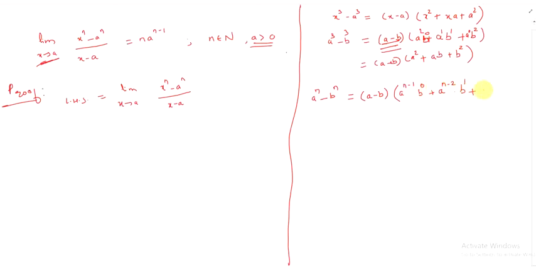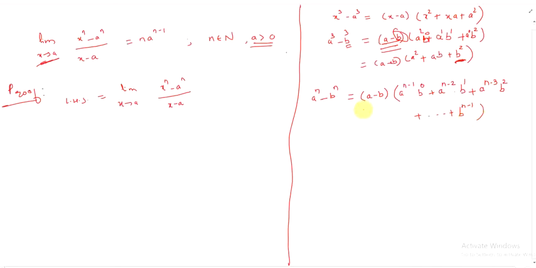Now what will be the next term? Yes, a raised to n minus 3 and b raised to 2. In this way, the last term will be here: there is no a, and the power of b is n minus 1, because already one b is taken here. Therefore, the power of b decreases by 1 only, that is b raised to n minus 1. Okay.